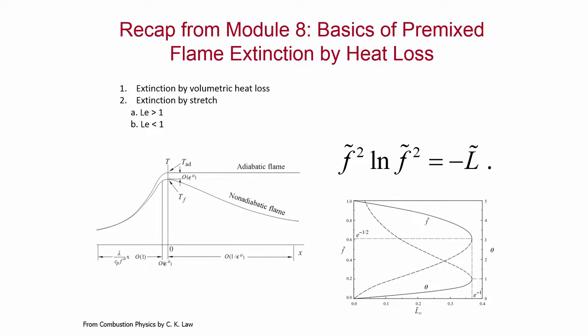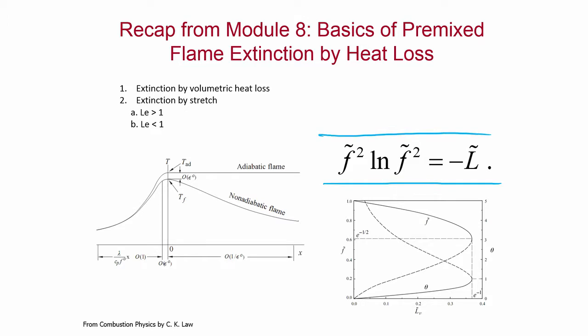Then the question is: what causes the flame to extinguish along the shear layers? For that we need to go back to the basics of premixed flame extinction by heat loss and by stretch. If you have heat loss for a premixed flame, and this can be caused by a Lewis number greater than 1 premixed flame under positive stretch, you have this kind of response.